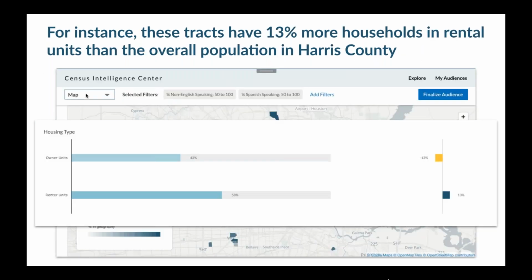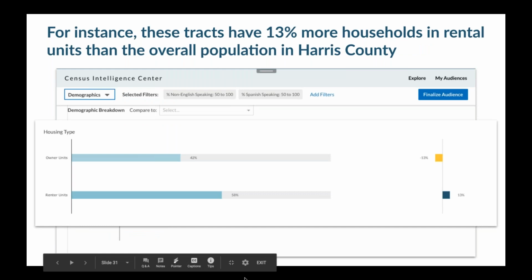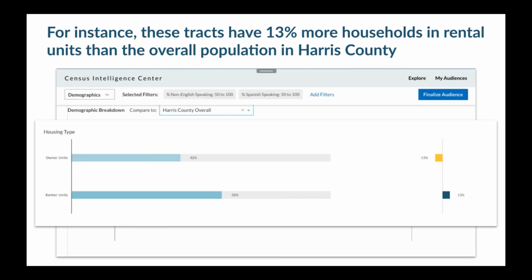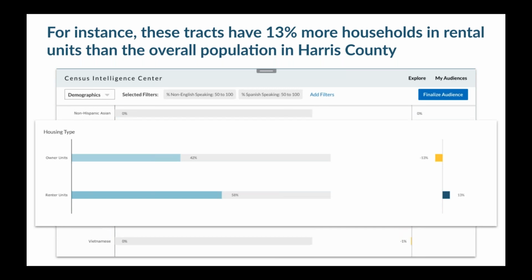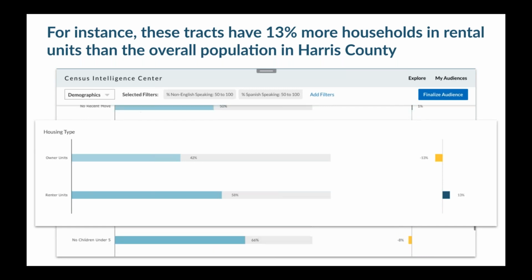There are a lot of different variables that we could look at. One that I thought was especially important was the type of housing that the people in our population have. And we see that these census tracts that are heavily Spanish speaking are also more likely to have people living in rental units.